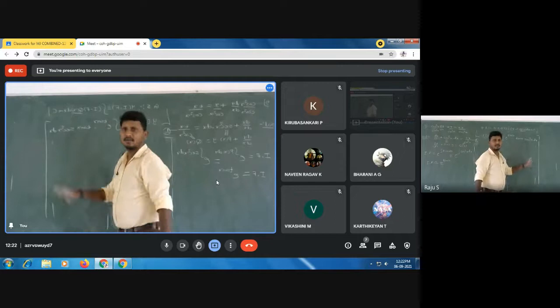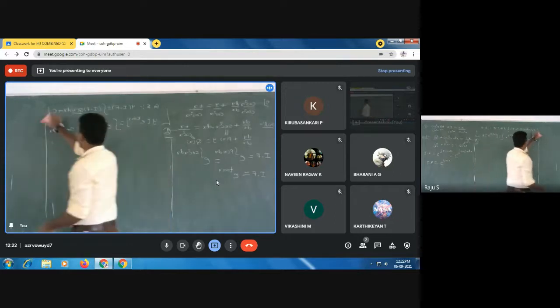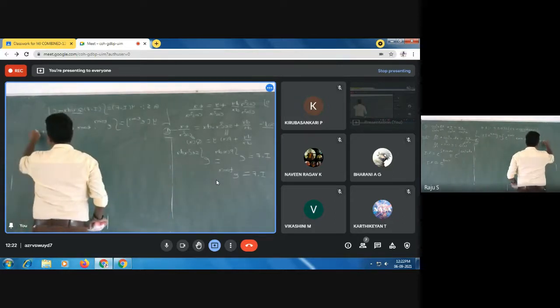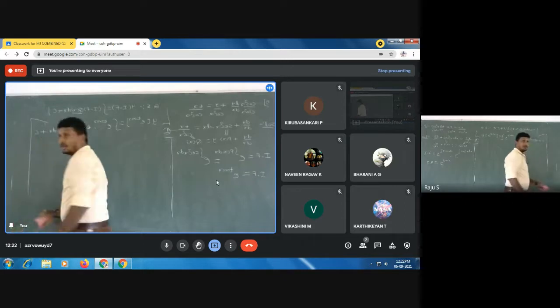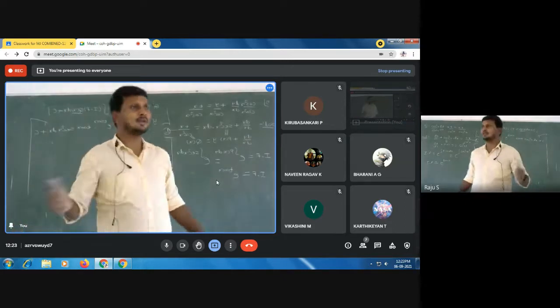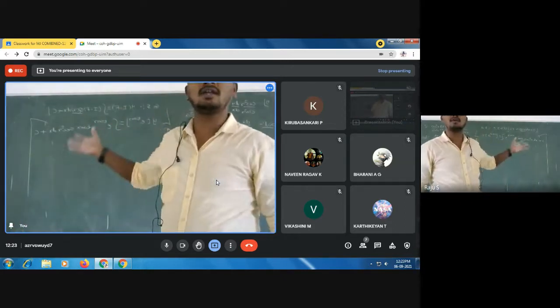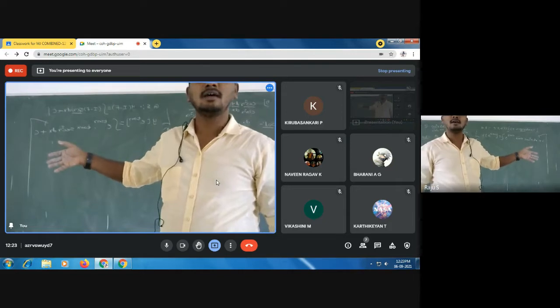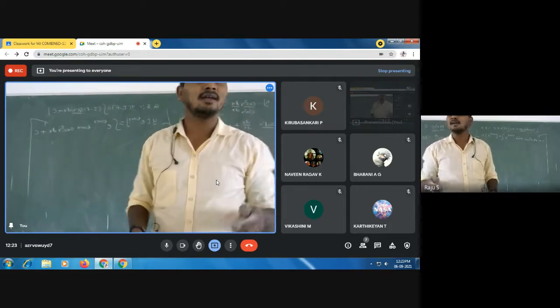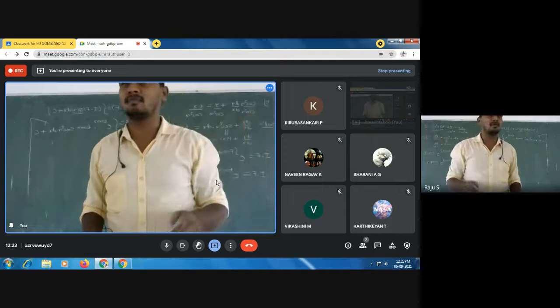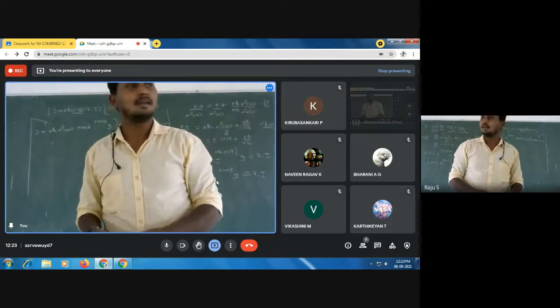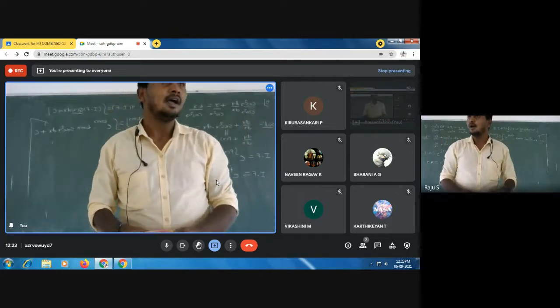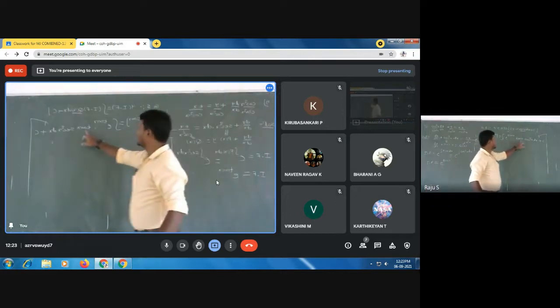Okay, students, how can you evaluate this value? UVW formula, integral UVW. What is the formula for integral UVW? There are three functions: 1, 2, 3.